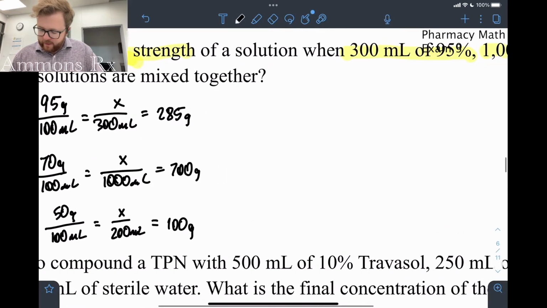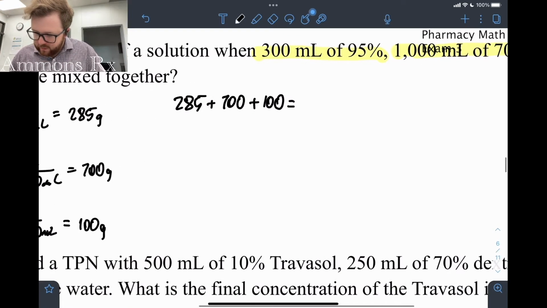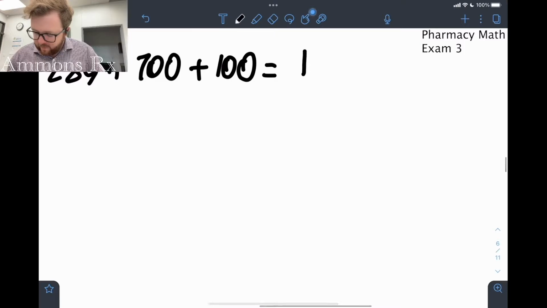All right, so we ended up with 285 plus 700 plus 100, which is 1085 grams.